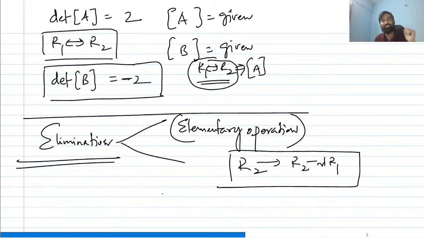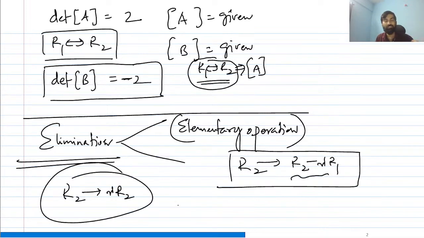There are three basic elementary operations. You can apply an operation on a row, or on a column. You can multiply any row, say R2, by lambda times R2.